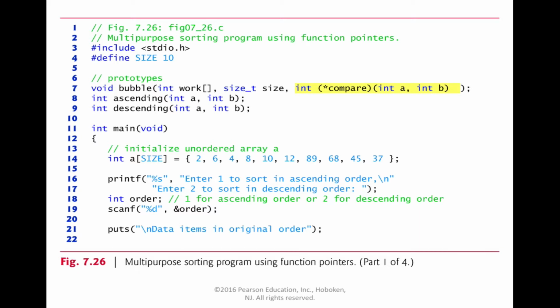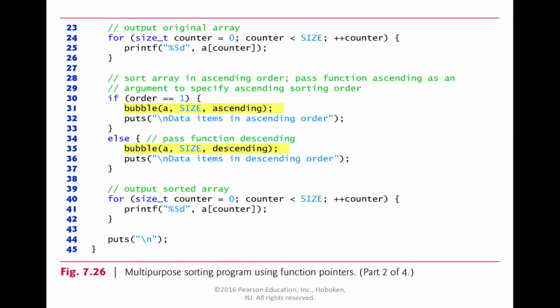And so when we look in our code, we are creating an array a of size 10 with 10 integers. We are going to print those. We are going to ask the user whether they want the items sorted in ascending or descending order.